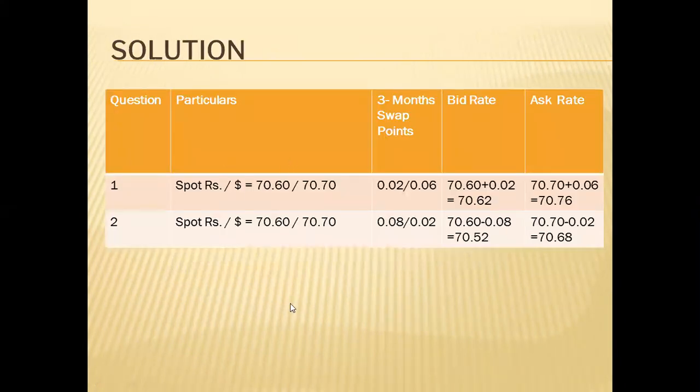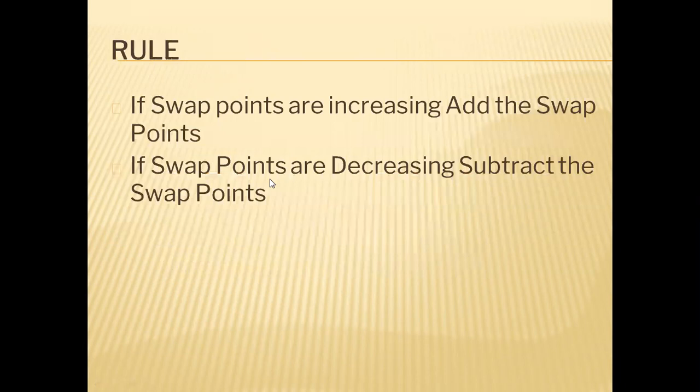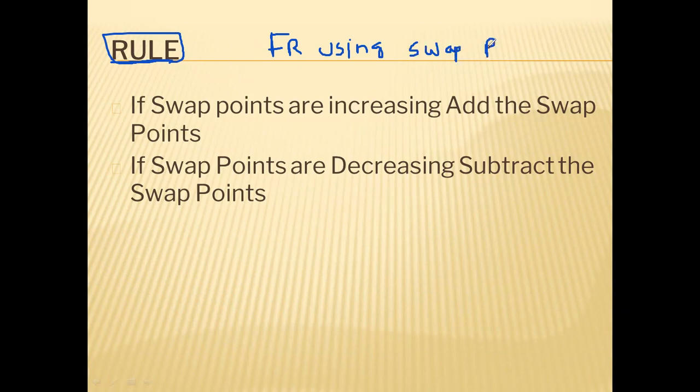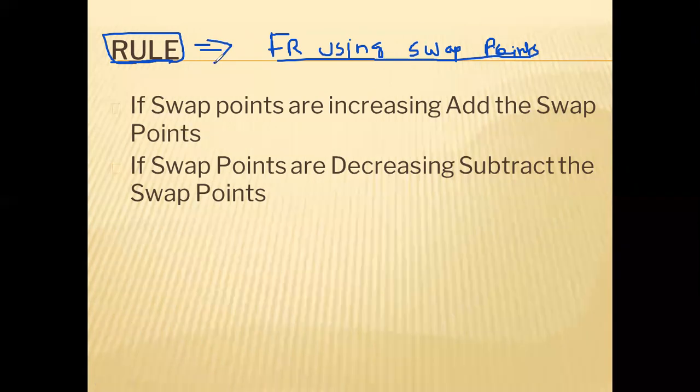Before solving this illustration, we will first discuss the rule, then we will go back to the illustration. What is the rule for calculating the forward rate using swap points? If you remember this rule, you can solve illustrations related to swap points easily.